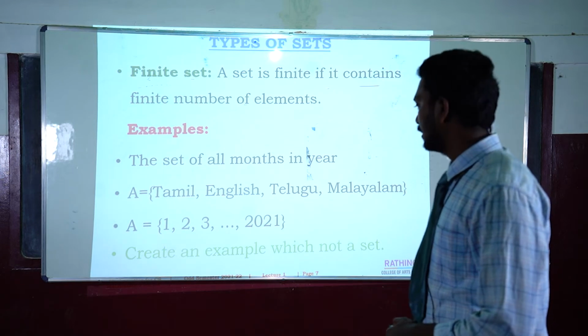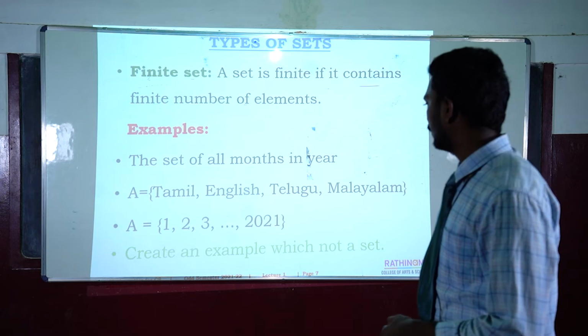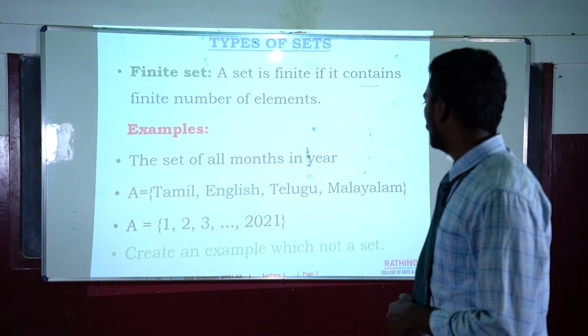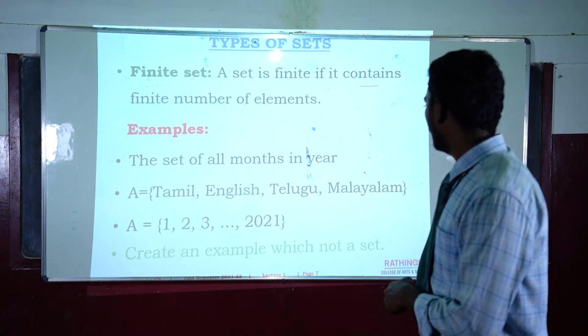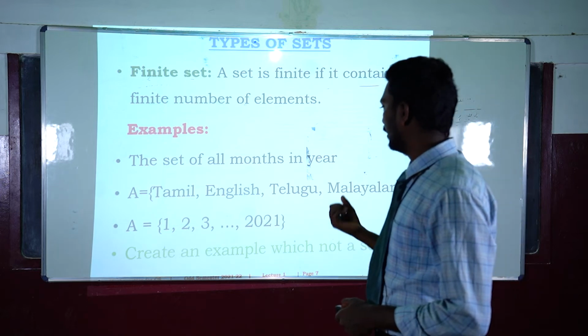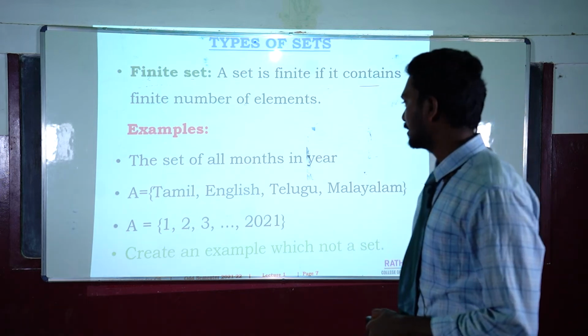So it has ended, so it is a finite set. And this A is what? Tamil, English, Telugu, Malayalam. So it has ended. It is a finite number of elements. In a similar way you can create some other examples.